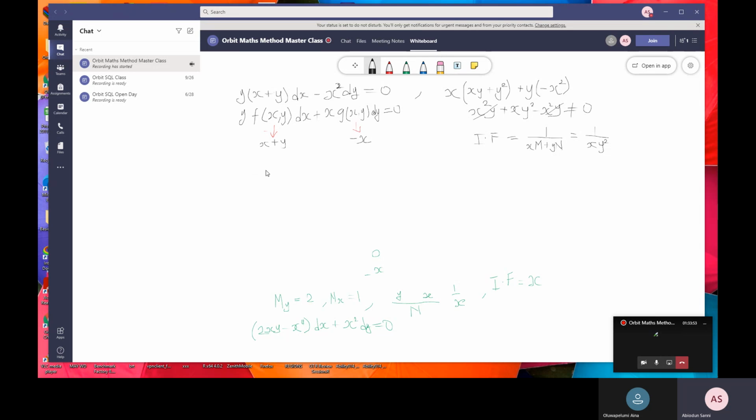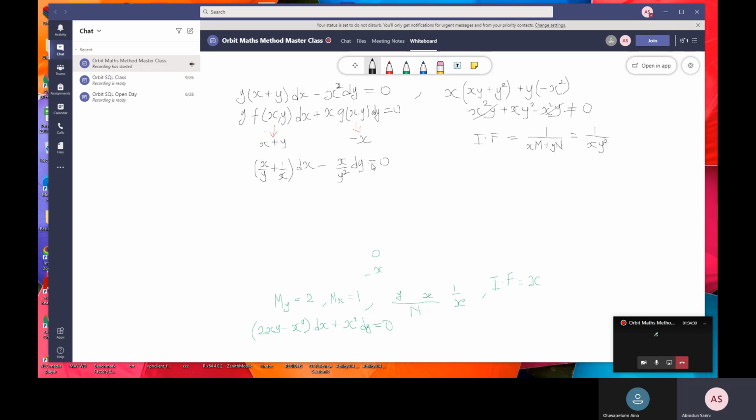Multiplying all through by my integrating factor, I'm going to have x over y plus 1 over x dx minus x over y squared dy. This is equal to 0.